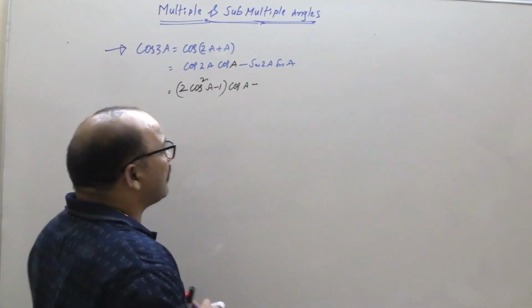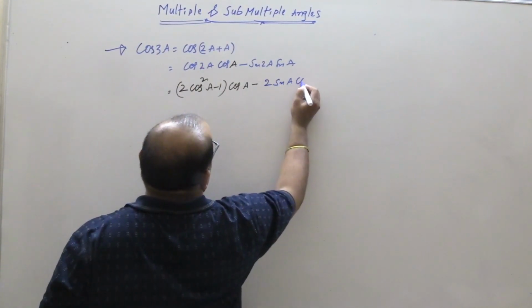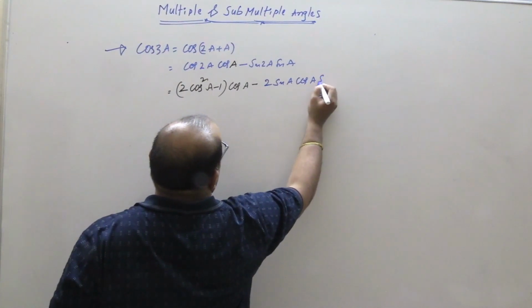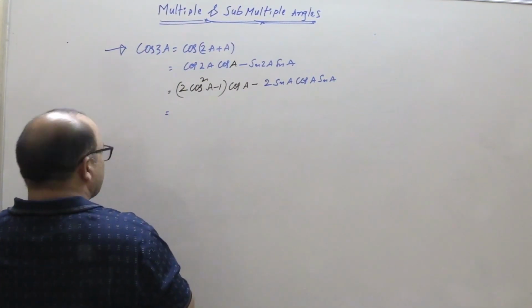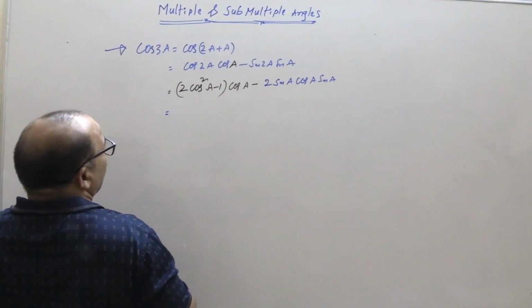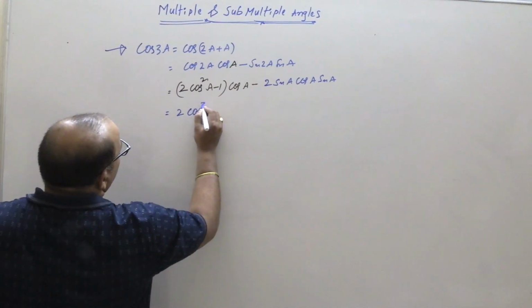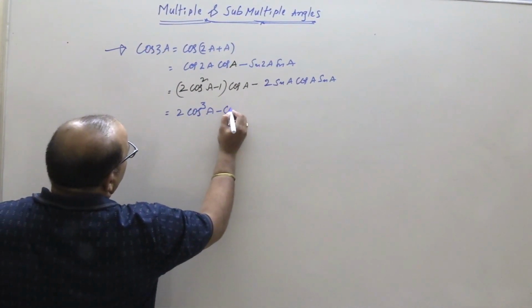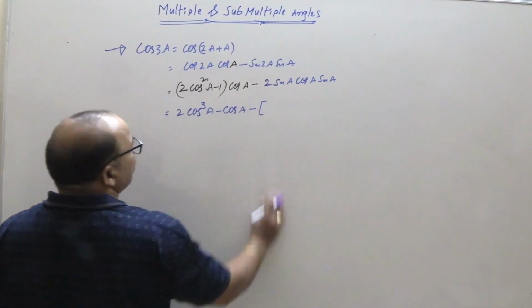What is the sin 2A formula? 2 sin A cos A, already sin A. Yes. Now multiply, students. This is 2 cos cube A minus cos A. Yes, one minute, there is a minus in front of the bracket.